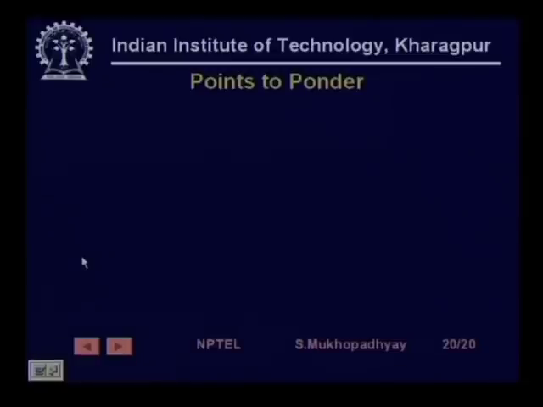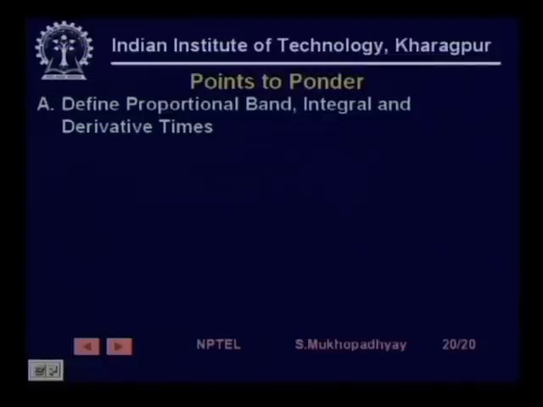Now, let us look at some points to ponder, whose answer, just like earlier lessons, you will find within this presentation itself if you look carefully. So, you might like to write yourself the definition of proportional bands, integral, derivative times.